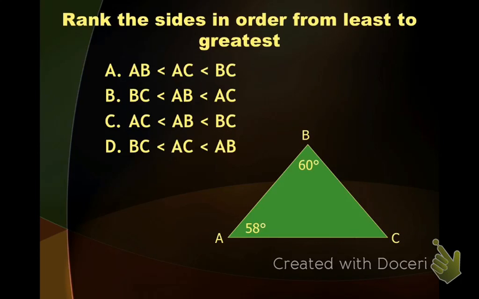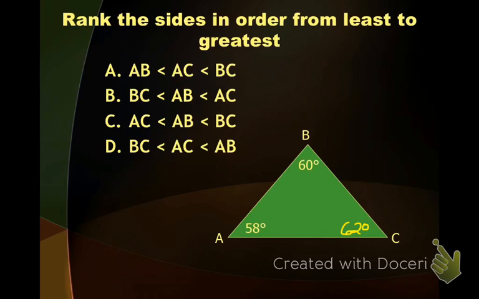Okay, now let's go for the side lengths in order from least to greatest. Well, a quick calculation here is going to give us the missing angle measurement, which looks like 62 degrees. Quick calculation, a 60, 60, 60 equiangular triangle. Since 58 is 2 less than 60, we know angle C has to be 2 more than 60.